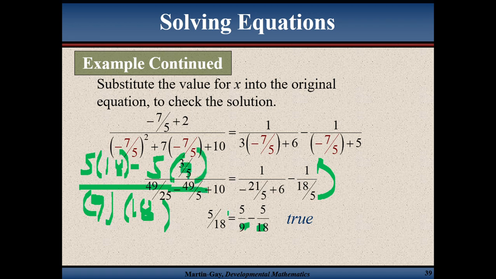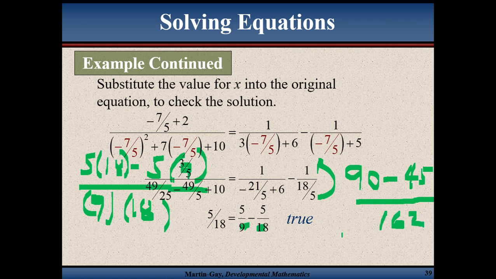Pag chine-check mo yan, yung iba kasi nahihirapan kung paano gawin yan. Pero mas madali yan, para hindi ka na kailangan mag-isip pa ng gagamitin mo. Remember, 5 times 18 is 90. So, 90 minus 45, over 9 times 18 is 162.